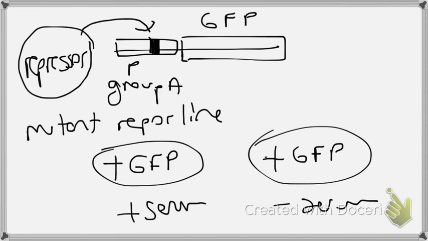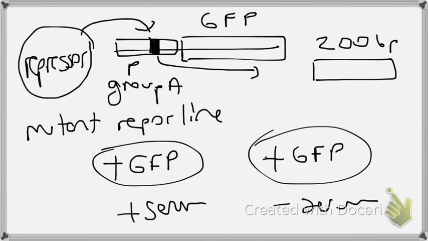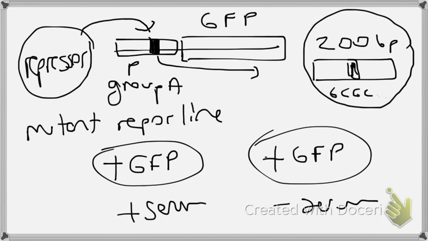So let's say that we found a 200 base pair region that contains that little motif, I said GC, GC, etc., right? And we know, okay, this is important for the repression of a gene in group A. Okay, now what you want to know is what repressor actually binds to this sequence.